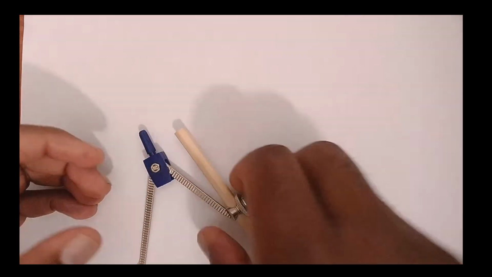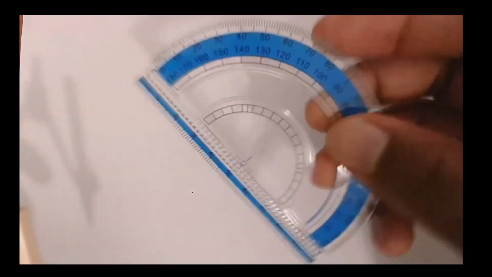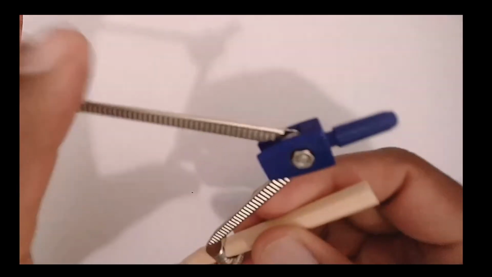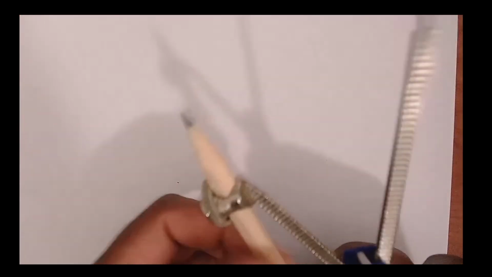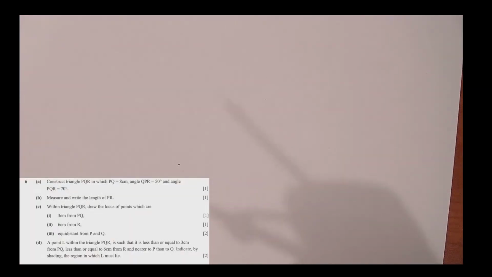So that's very important. This is a protractor, right? And this is a compass, so I'll use it to draw all the arcs and circles and so forth, right? And of course I will need a pencil, okay? All right, so let us go ahead and start our 2025 paper.